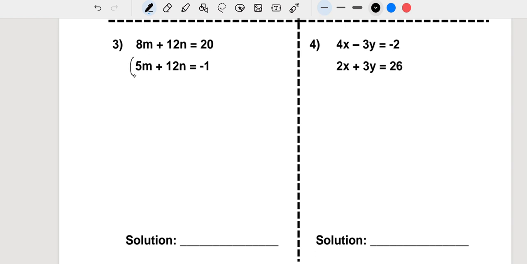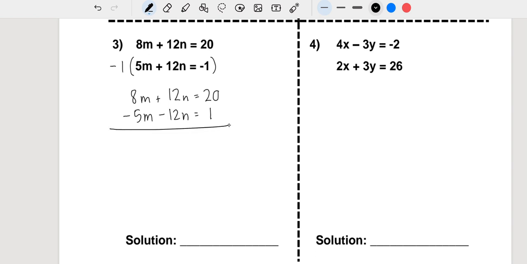So let's multiply this by negative 1, so I can change that 12 to a negative 12. So then it's 8m plus 12n equals 20. And then our new equation is negative 5m minus 12n equals a positive 1. And then again, we're going to add straight down.